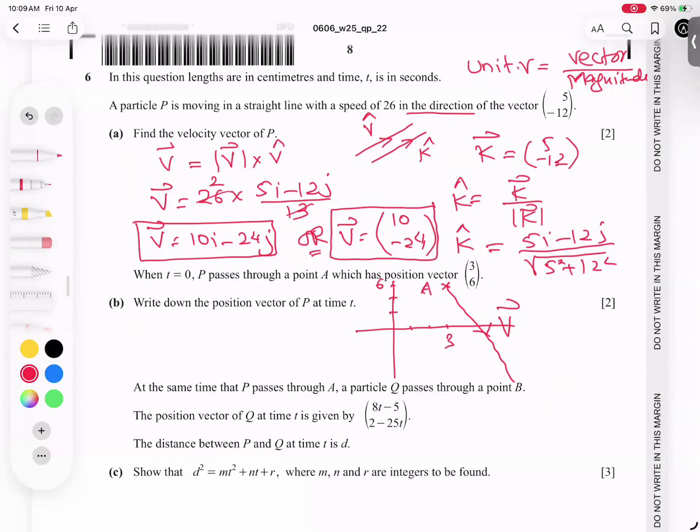So 3 here, 6 here. If I ask what the position vector is, basically we have to do it like this: 3i plus 6j, plus this one. And what is the distance-time formula? The distance-time formula is vt, okay? Velocity into time. Velocity we have, time we don't know, so we just put a variable t. The first position is (3, 6), so I'm writing here OP, equals 3 along x and 6 along y, plus this velocity multiplied by t.